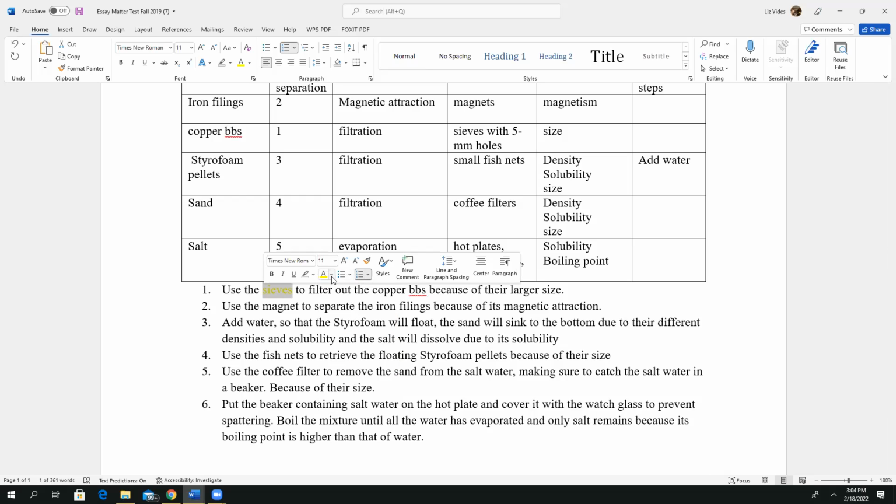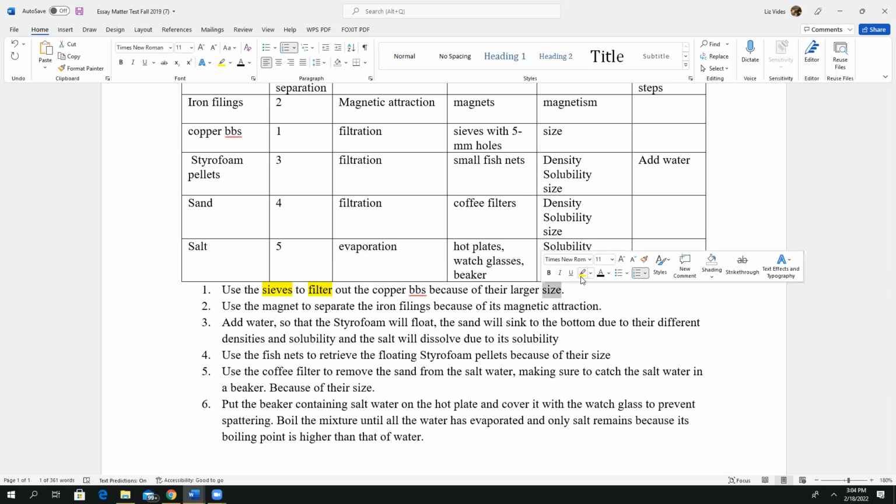I wanted to highlight it. Sorry. There we go. I'm looking for that. I'm looking at what you did. You see that? And I'm looking for the property. So this would give you 3 points right there, right?